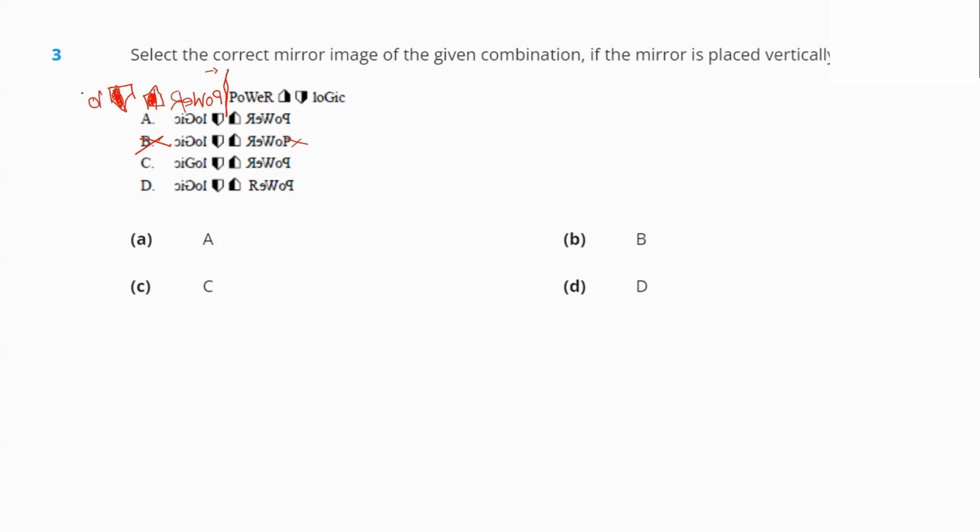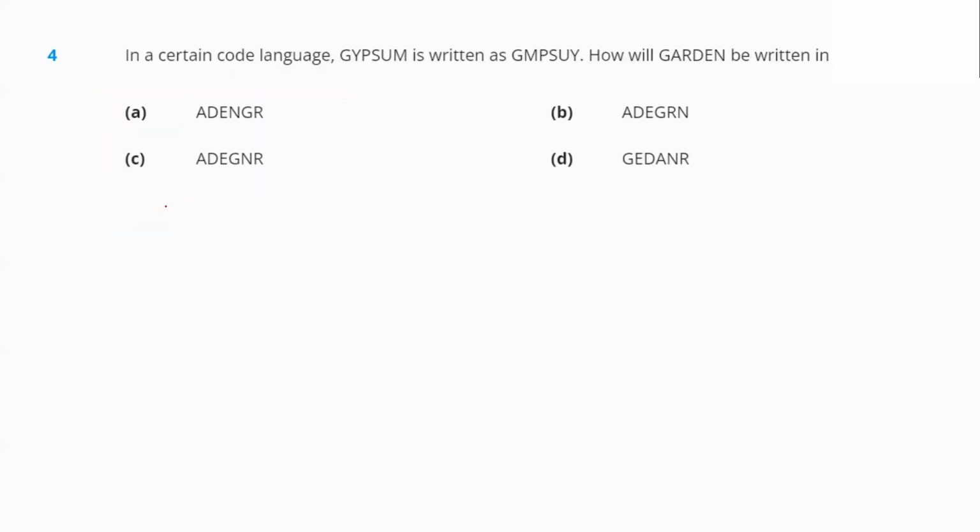And this is G, this is I, this is C. So the figure that we are getting here is this G is wrong in this, and the R is wrong. The correct answer is option number A. Moving on to the next question.